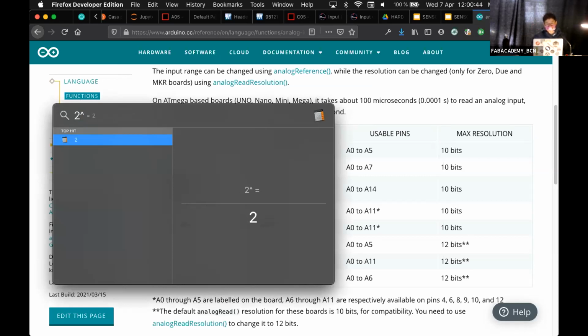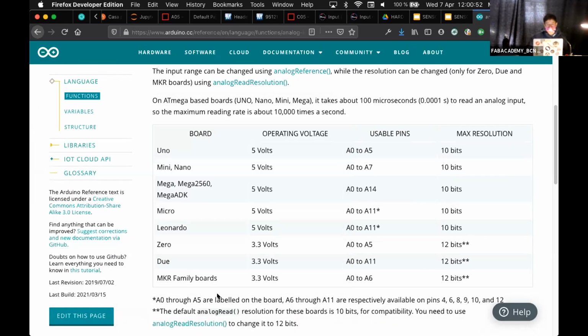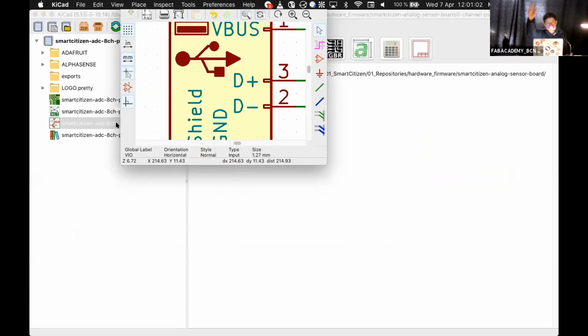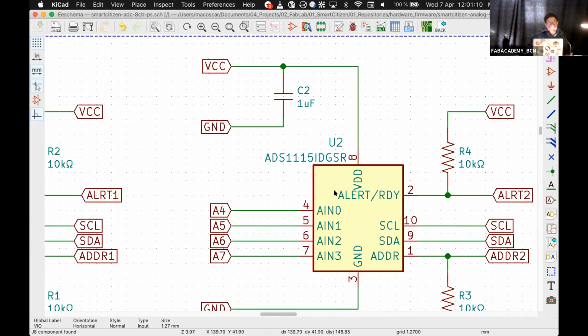So normally you will see 16-bit ADCs for sensors. We are redesigning right now a board in Smart Citizen that has exactly that: two 16-bit ADCs to measure air quality sensors that give us a very fine voltage from 0 to 5 volts.